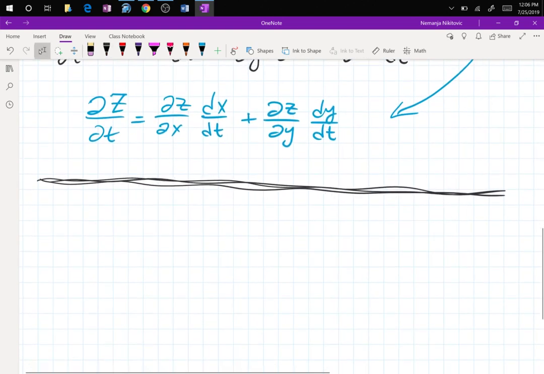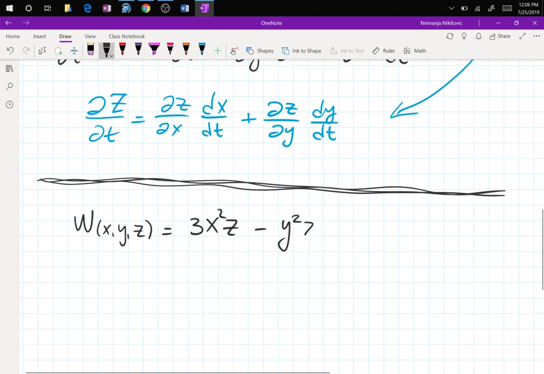So let's take a look at an example of this. Say function w of x, y, and z is equal to 3x squared z minus y squared z plus ln y, whatever.